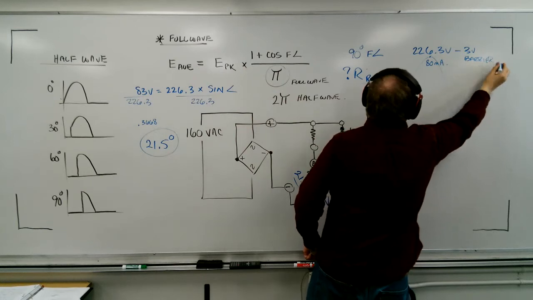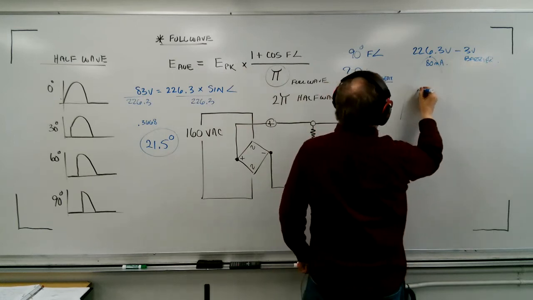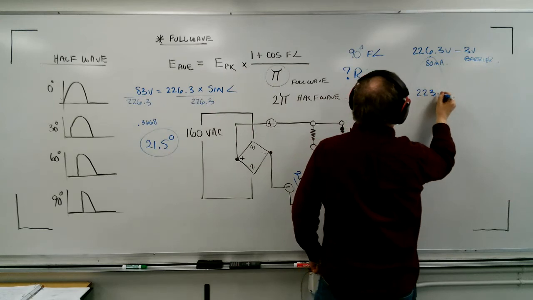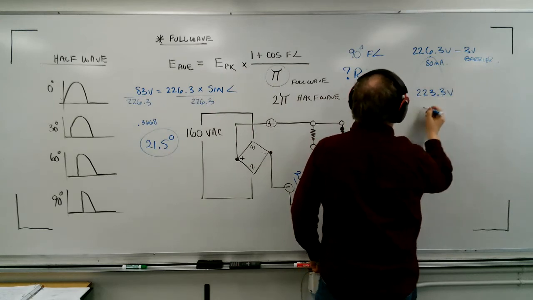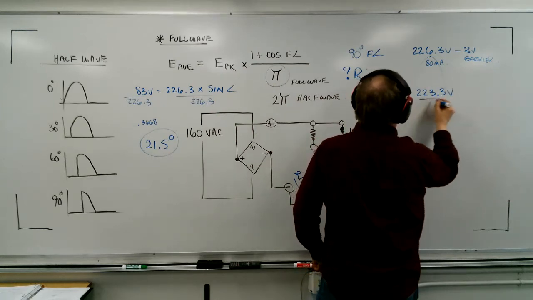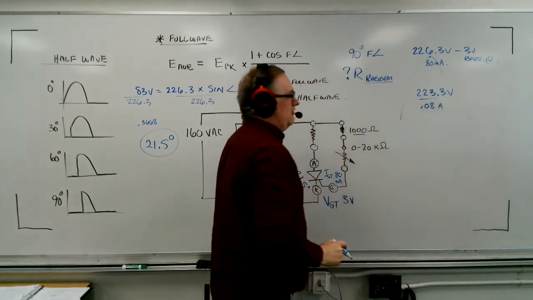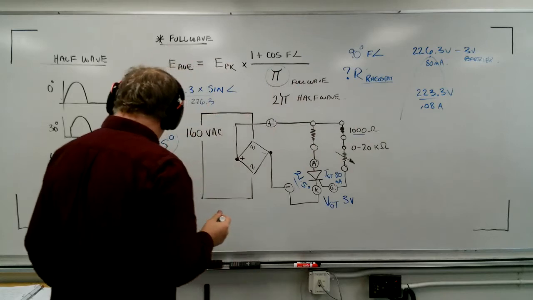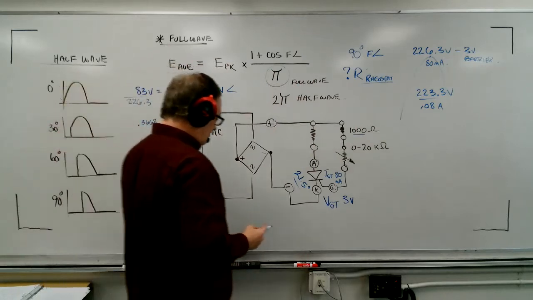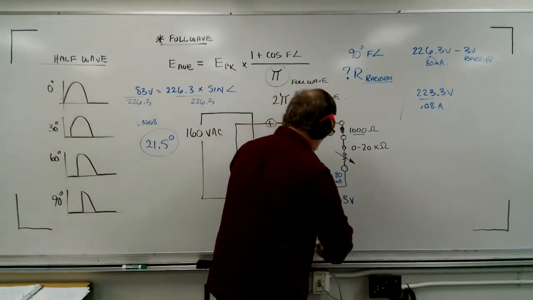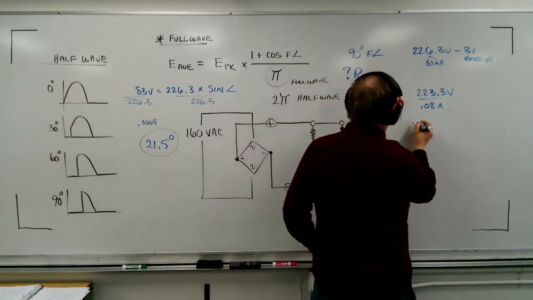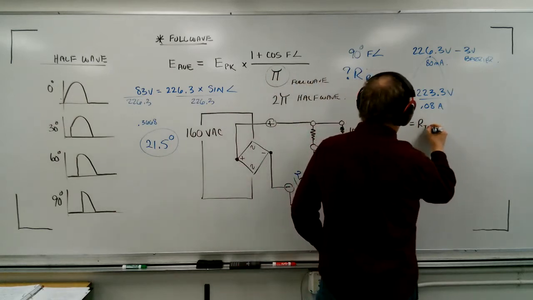And so what I have then is this, 223.3 volts, and I'm going to divide that by 0.08 of an amp. And that should tell me the total resistance. This should equal the total resistance of the trigger circuit. This equals R total of the trigger circuit.